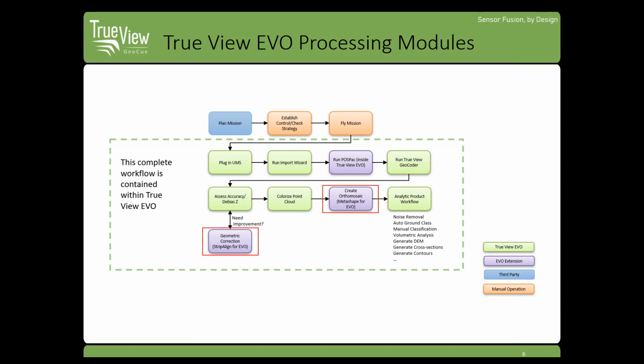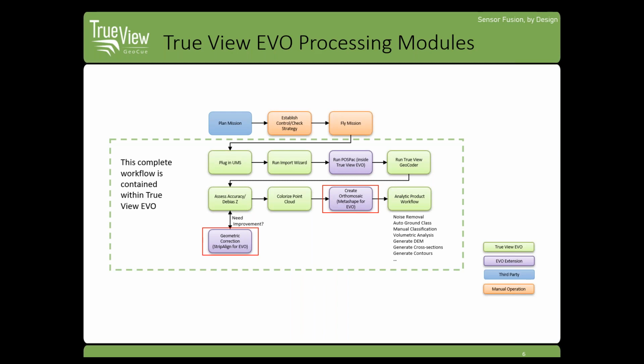There are 3 steps in this workflow, the purple ones here, where we work with an EVO extension. One you're very familiar with, and that's PosPac, the Applanix software for calculating your refined trajectory for your flight. That's a standard part of what you've been doing.